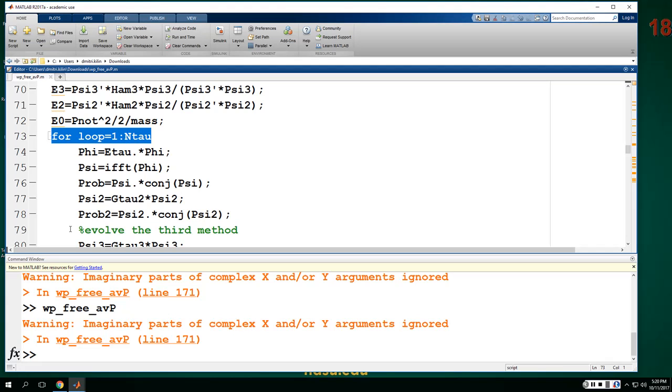Do you see this point in the code? So what does it mean? See? No, it is G tau.